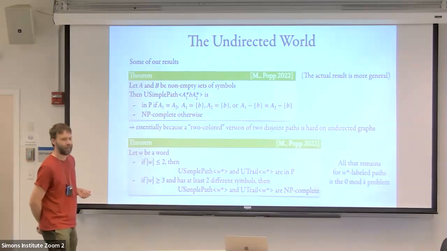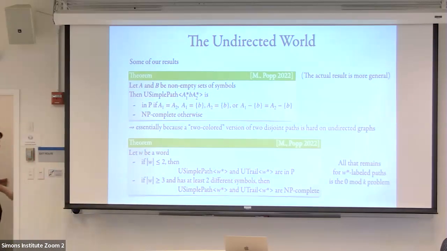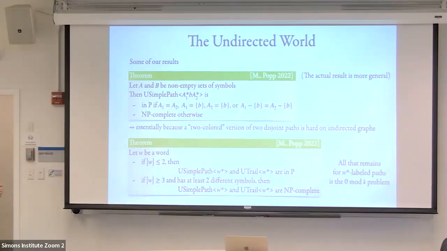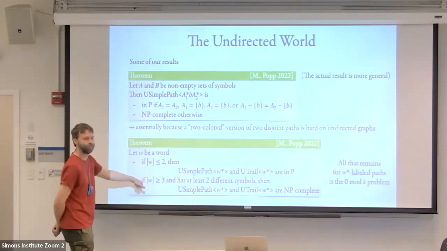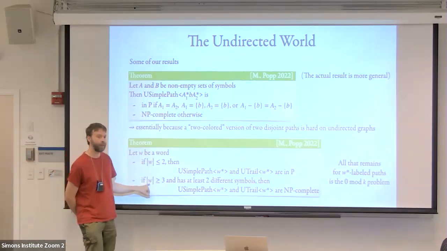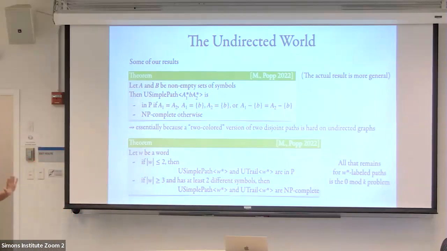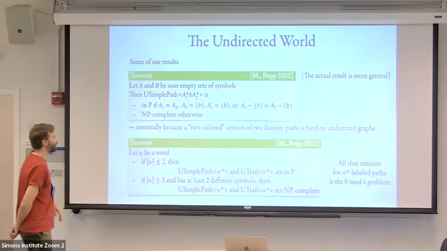And this modulo counting case is tricky. I mean, it's on the open problem board. Something like ABA star is hard, because W has at least 2 different symbols: there is an A in there and there is a B in there. Yeah, this is hard.